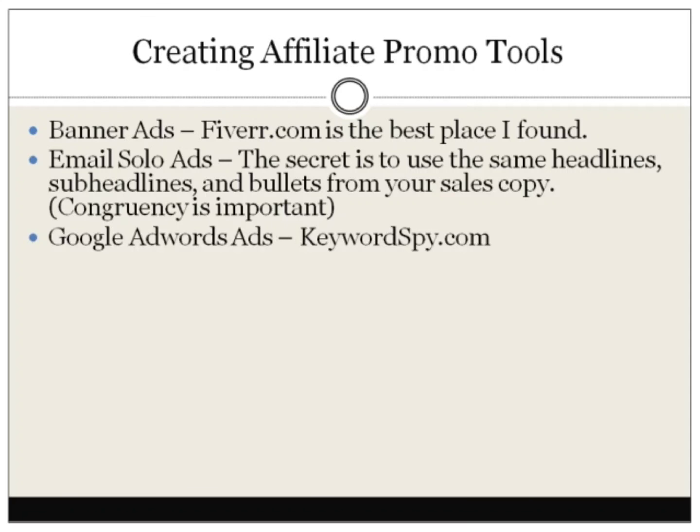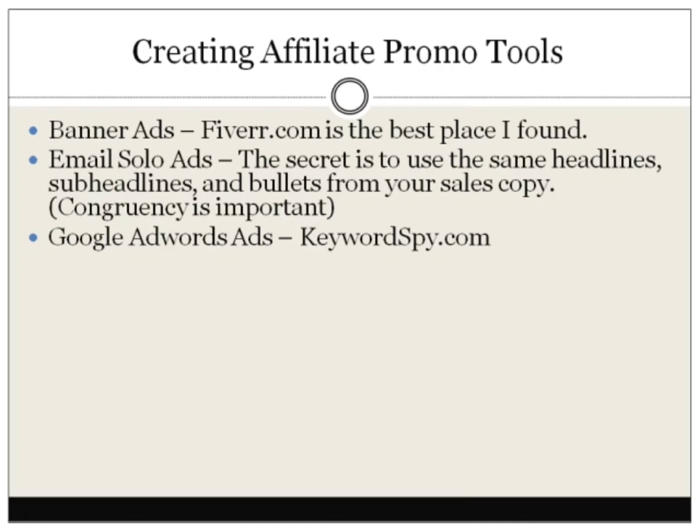Google AdWords ads are another affiliate promotional tool that you can create for affiliates that want to promote your product using pay-per-click marketing. A great tool to use to create these ads is using keywordspy.com or a site called spyfu.com.